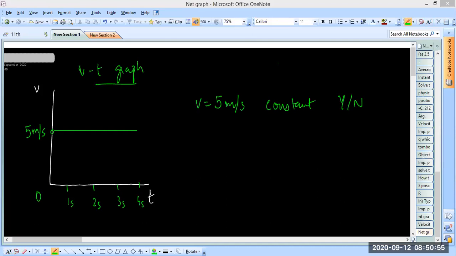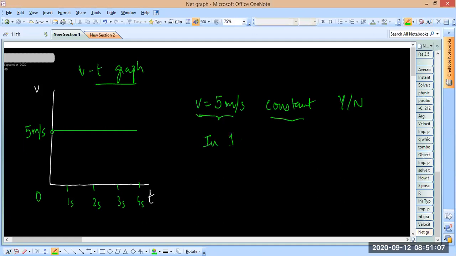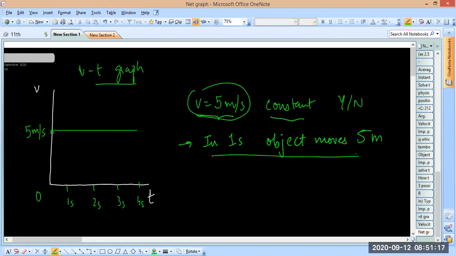Now then, v equal to 5 meter per second means, and it's constant, that means that in 1 second object moves 5 meter. Do you agree with this interpretation? This means this, correct?